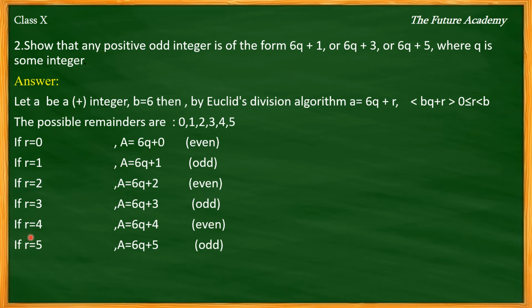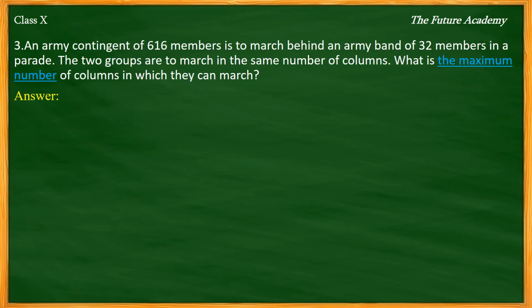If r is equal to 5, we get a is equal to 6q plus 5, which is an odd number. So notice that for positive odd integers, for 1 we have 6q plus 1, for 3 we have 6q plus 3, and for 5 we have 6q plus 5.